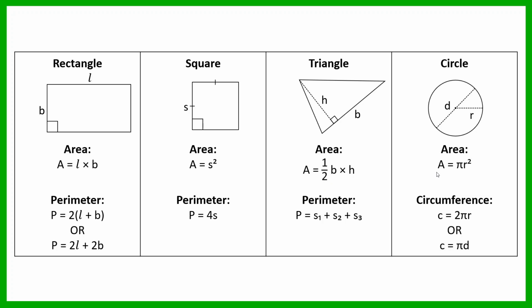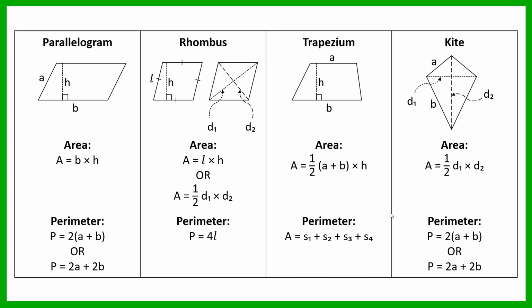And for a circle, the area is pi r squared, and the circumference is 2 pi r, or pi times diameter. Then for a parallelogram, the area is base times perpendicular height, and the perimeter is 2(a plus b), or 2a plus 2b. Then for a rhombus, the area is length times height, or half diameter 1 times diameter 2, and the perimeter is 4 times the length of a side.